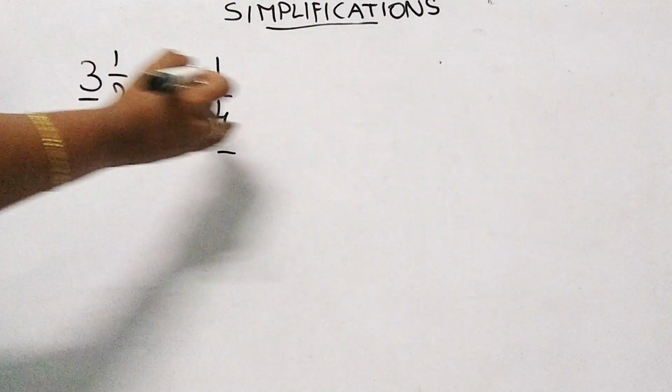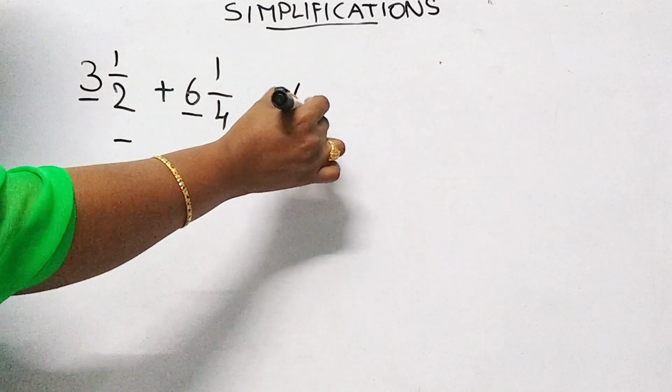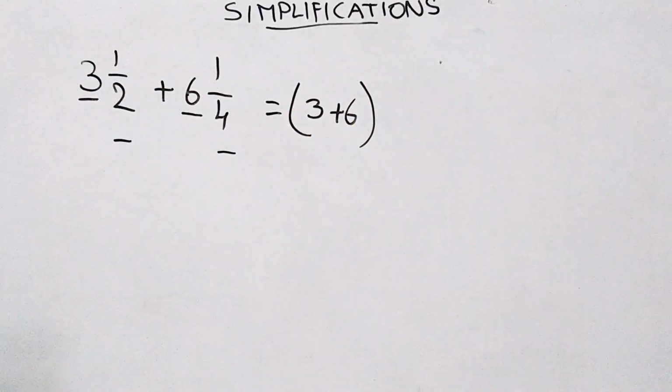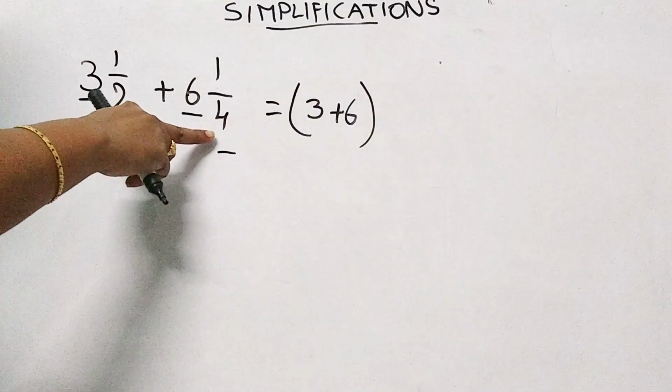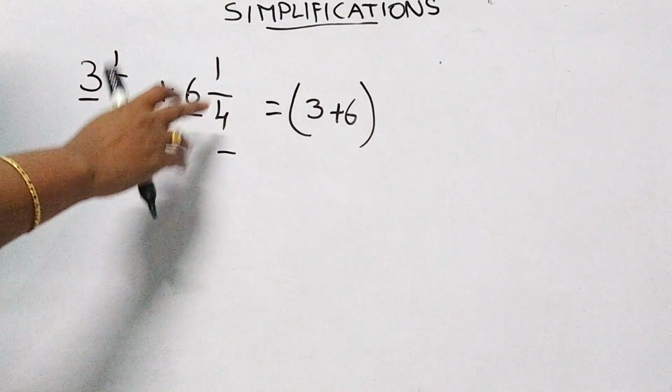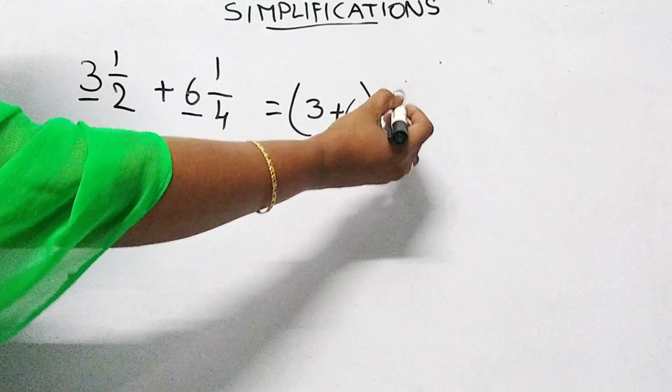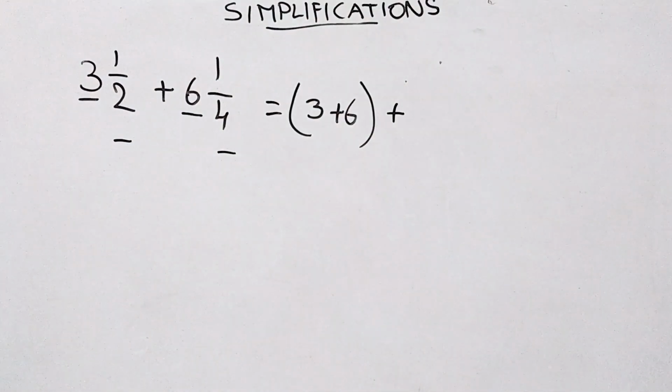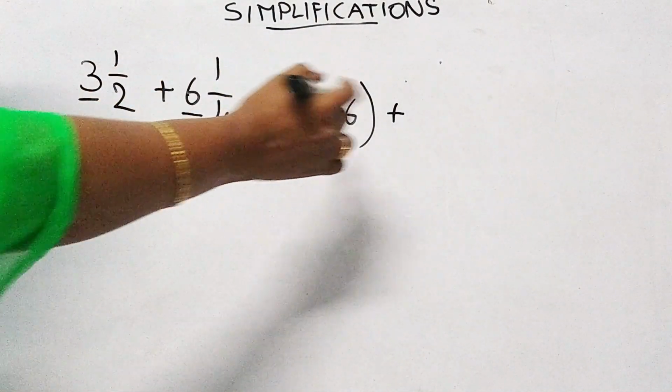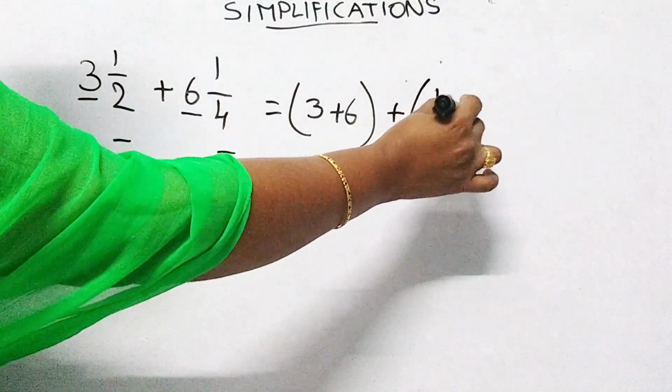So write this as 3 plus 6. First we are writing these two numbers separately from these fractions, 3 plus 6, and 1 by 2 plus 1 by 4, we are writing it here.